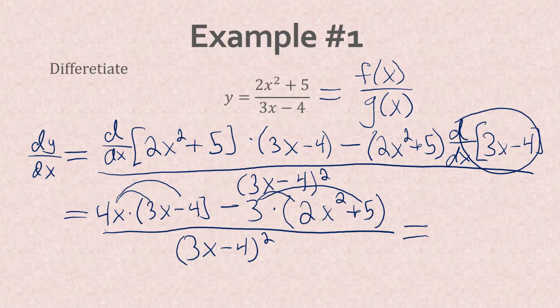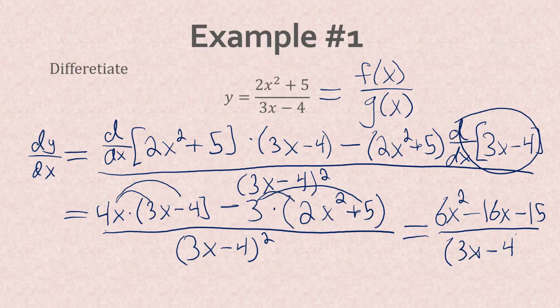And when you do that, in the end, you end up with 6x squared, and then you end up with minus 16x, and last but not least, you end up with minus 15. You may want to verify this fact, and then that's all over 3x minus 4 quantity squared.